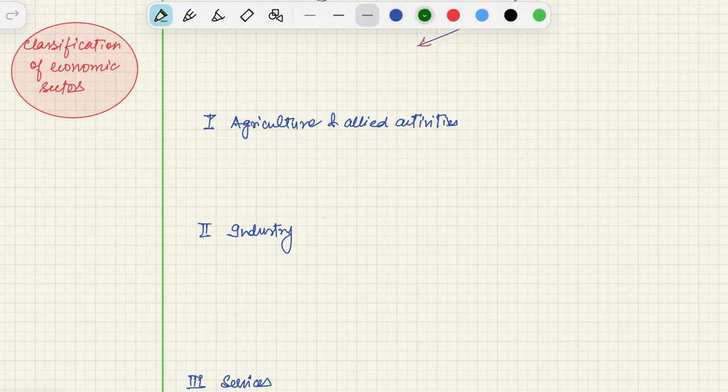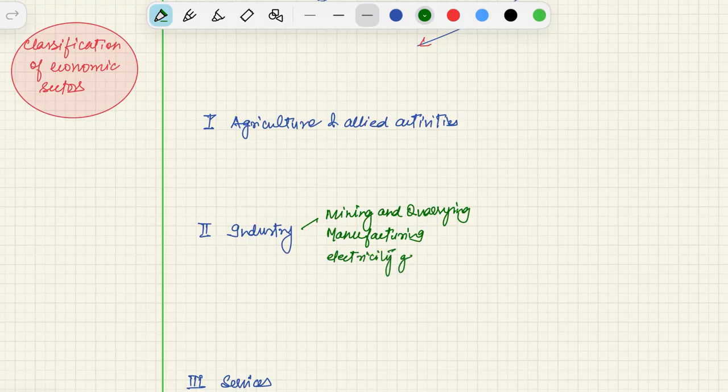Within industry there are mining and quarrying, manufacturing, electricity, gas and water supply, and then construction. Okay, there are four subcategorizations.